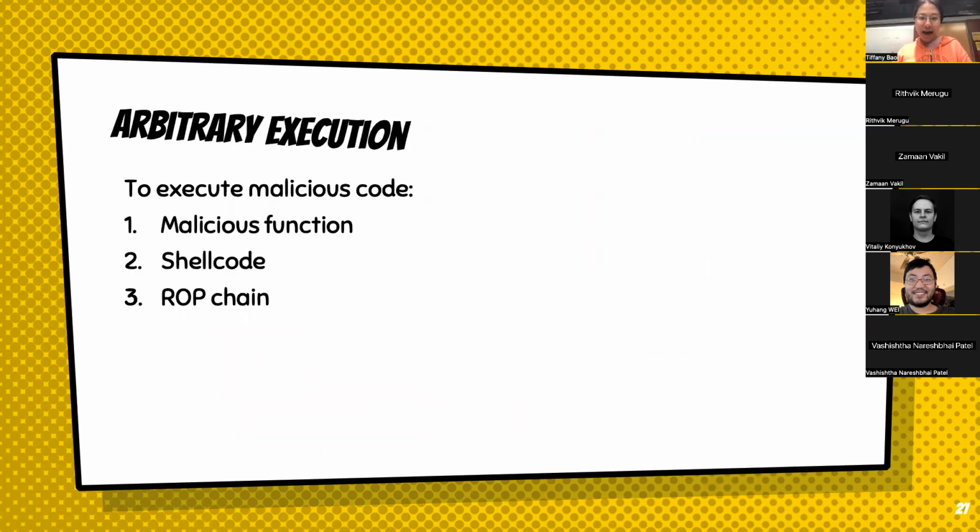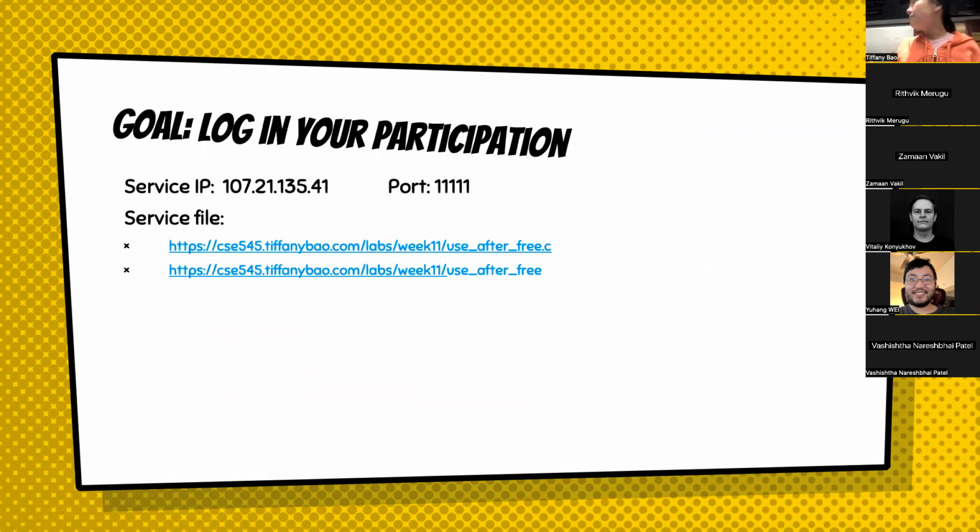It's the same IP address. The port is 51, not 41. I just ran out of digits, so I have to reuse one again. The service file is already online, the binary is already online, and the libc is also online. So you want to make sure that you download them, like the lab we had before.